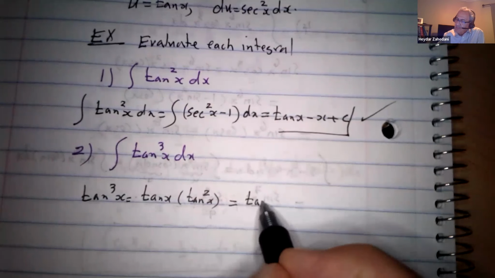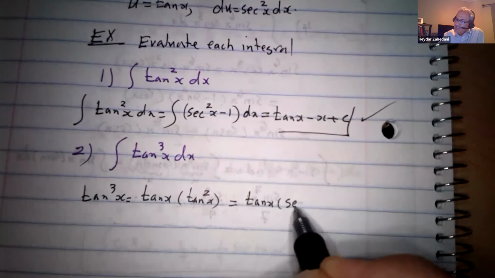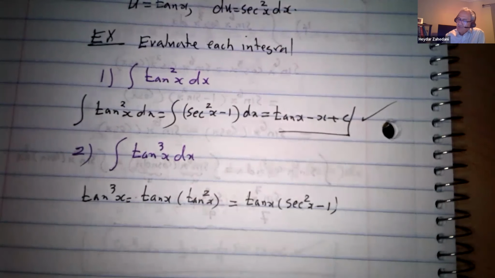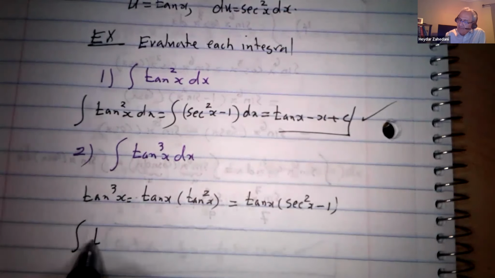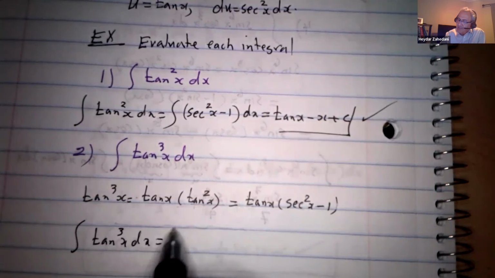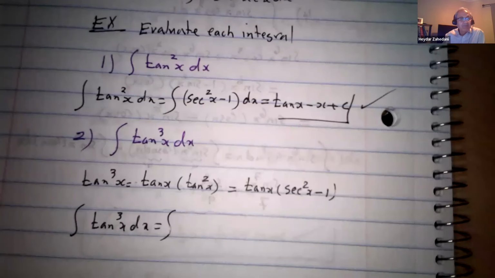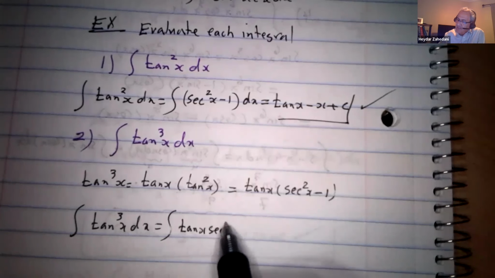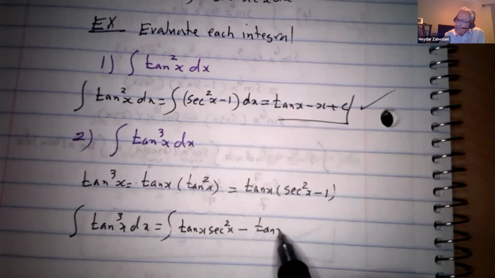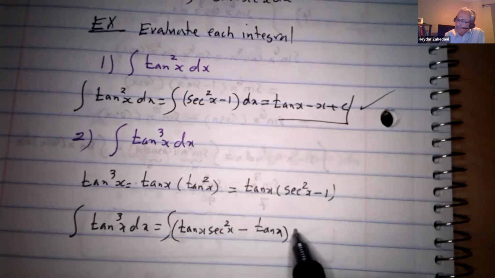So it's going to be tangent of x times secant squared of x minus 1. So go back to your integral, the tangent cube of x dx. Substitute. If you substitute, that gives you tangent of x, secant square of x, distributed, minus tangent of x dx.